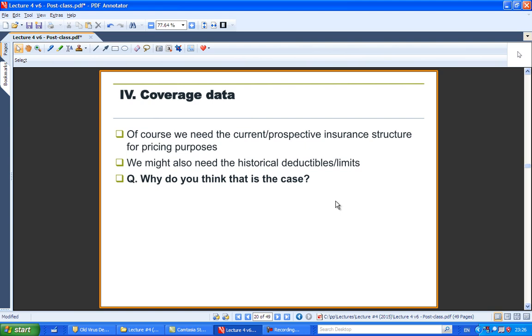Now, coverage data is actually part of policies data, really. But here I've looked at it separately because this is very important and merits being looked at on its own.